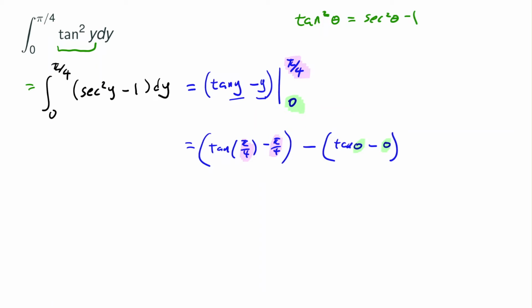So we do parentheses first. So we evaluate this first, and then we subtract from each other. Well, tangent pi over 4 is 1 minus pi over 4. Tangent 0 is 0, so we have 0 minus 0. So essentially we are left with 1 minus pi over 4.